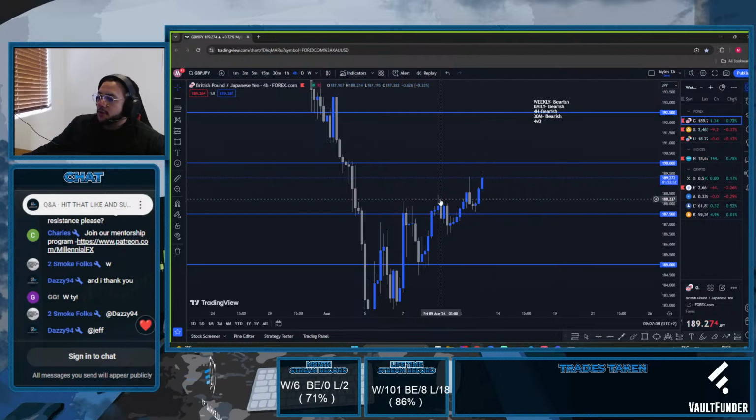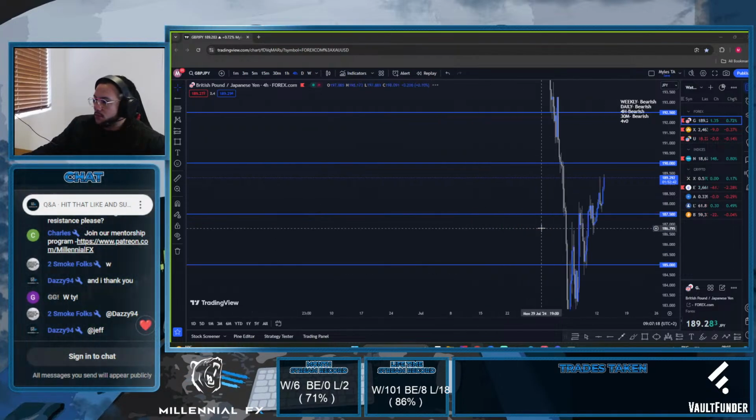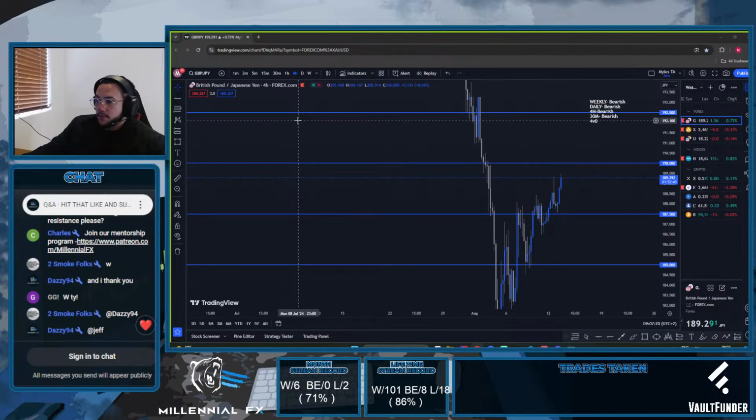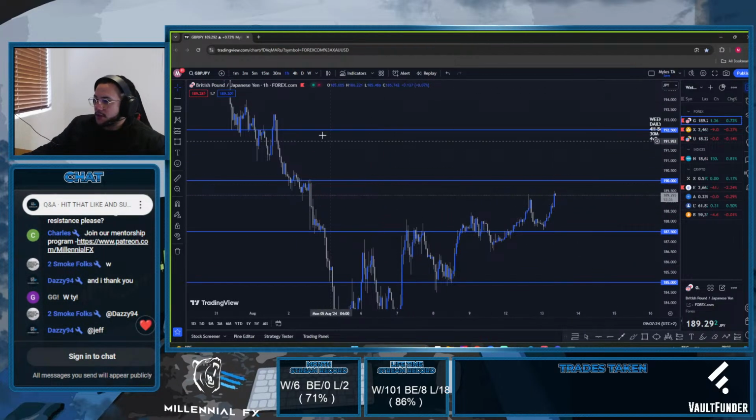GJ is looking very interesting, I'm not going to lie. GJ is looking very interesting for some longs, if I can re-break previous highs.